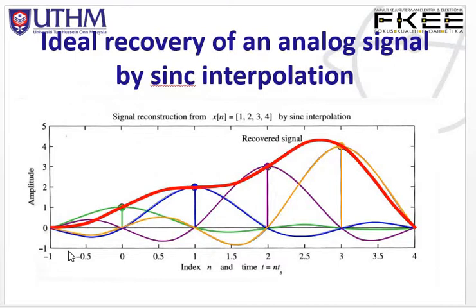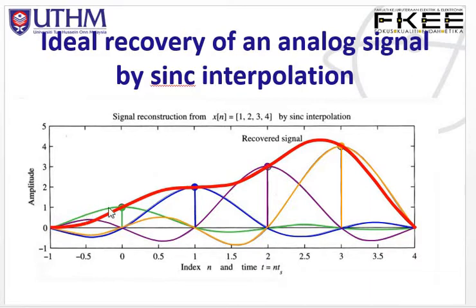From this graph, we can see that there are four sinc interpolating functions. The first one is the green color. The green sinc function has a peak of 1 at n equal to 0. The blue one has a peak of 2 at n equal to 1. The purple one has a peak of 3 at n equal to 2.